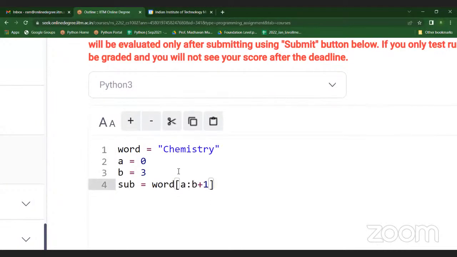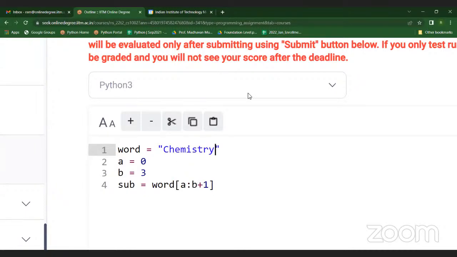Okay. So now what you should be doing is, how many times should this chem be increasing. Right now the length of word is 9, and the length of sub is 4. CHEM, right? Yeah, correct.